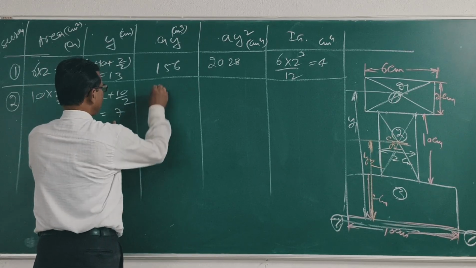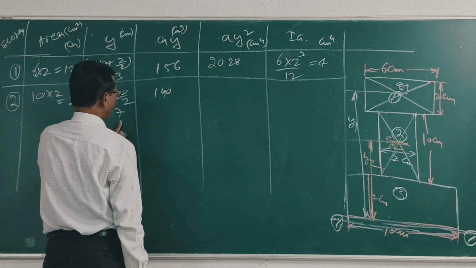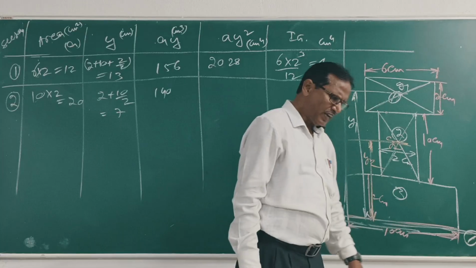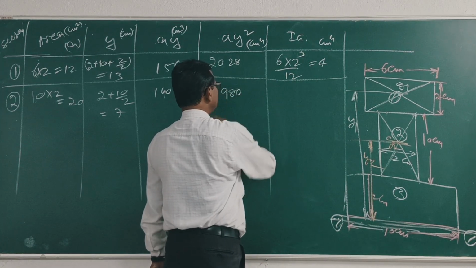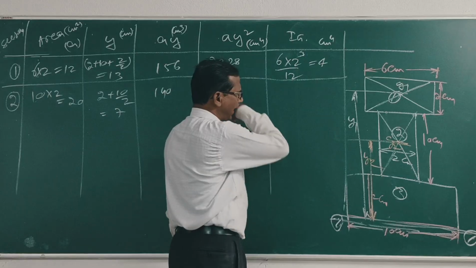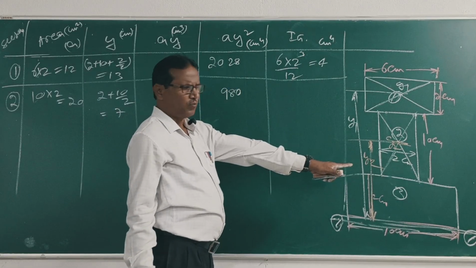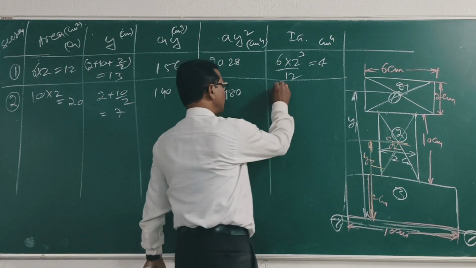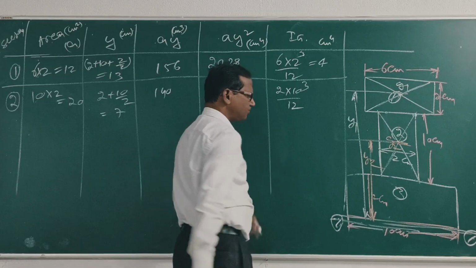A y, cm cube. A y square, 140 into 7, 980 cm fourth. I G, what is I G? I G2, b d cubed by 12, 2 into 10 cubed by 12.